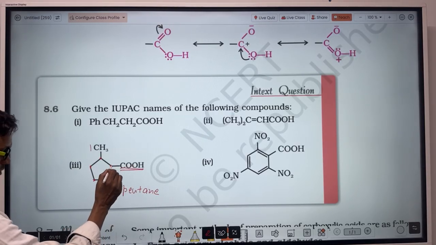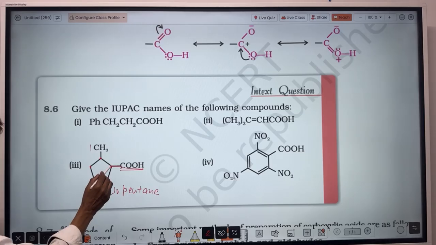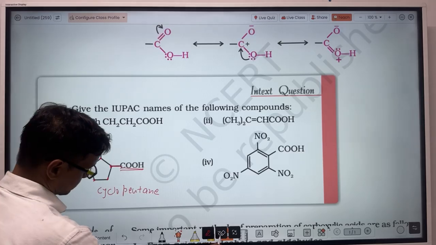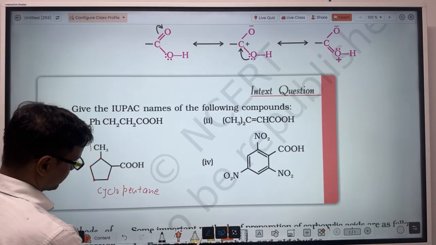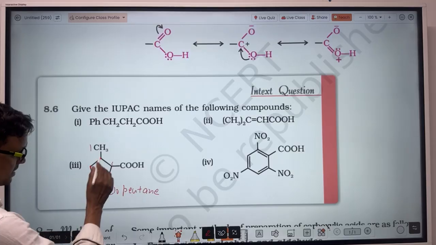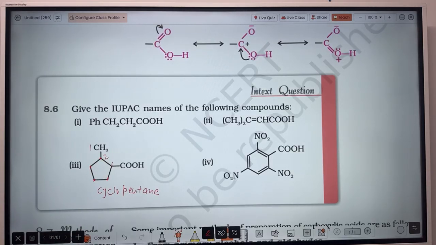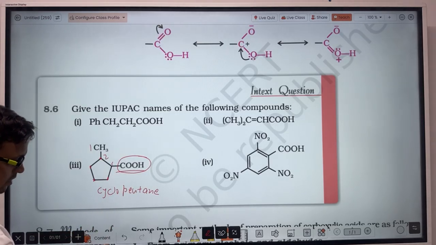This is the functional group, so the carbon atom of the cycle to which the functional group is bonded will acquire first position. So the methyl is at second position, and it is cyclopentane with carboxylic acid here. Because you cannot include the COOH group in the main chain, you will have to use the suffix carboxylic acid, and in that course you retain the e of alkane.